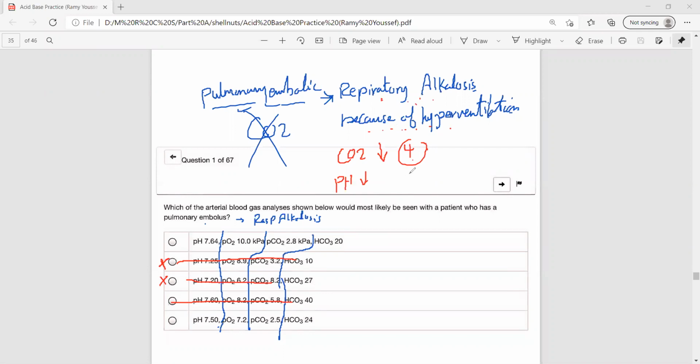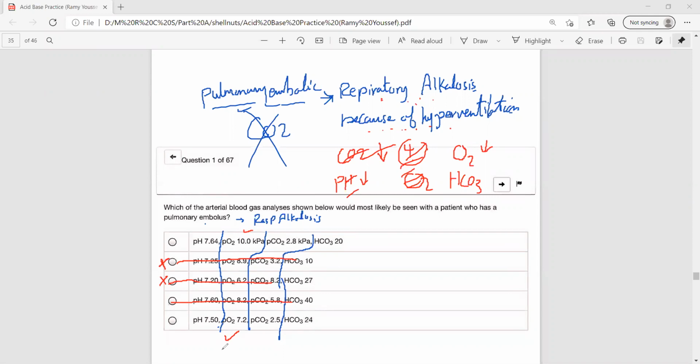What do you expect the O2? Still we have O2, and still we have HCO3. Whatever you want to start with. What do you expect the O2? Low. Okay, so we have A and D. Here is 10 and here is 7.2.